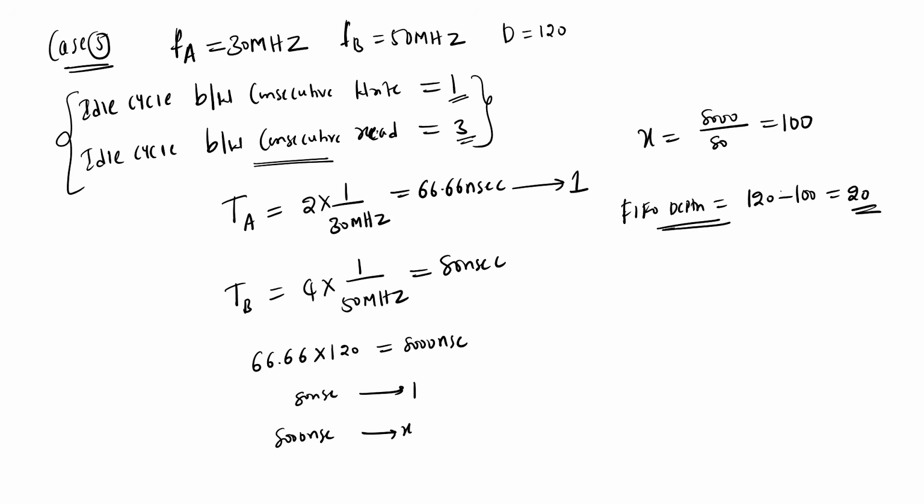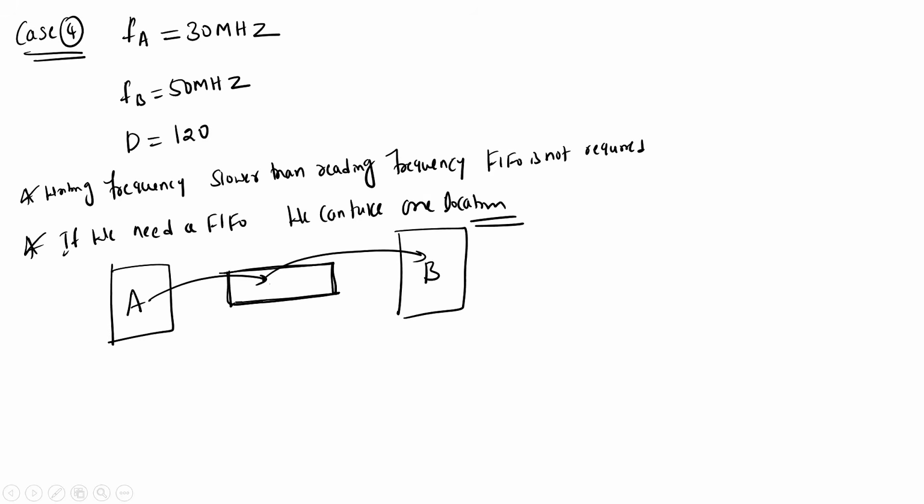Here, even though there is a lower frequency and a higher frequency, previously, in this case, there are no idle cycles. So if there are no idle cycles, then since this is the lower frequency, there is no chance of data loss.